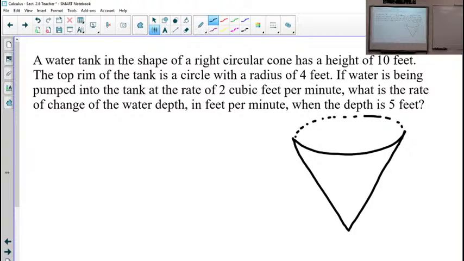There's my cone. Top rim of the tank is a circle with a radius of 4. And this height right here, which will also be the depth when we talk about the water. This distance is 10.